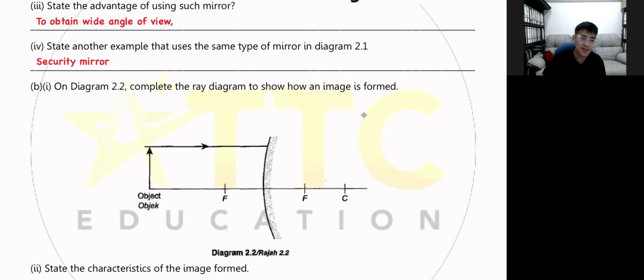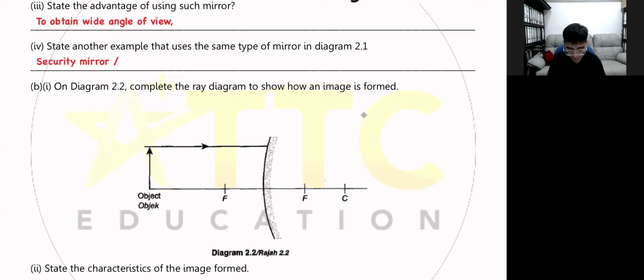So we also call it an anti-theft mirror, so that the worker in the shop can see anyone shoplifting, stealing things from the aisle. Okay, so that's why it's called a security mirror.